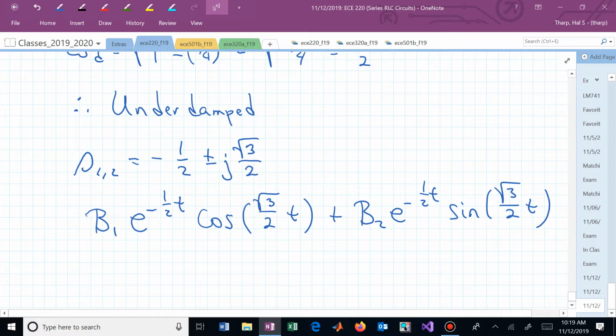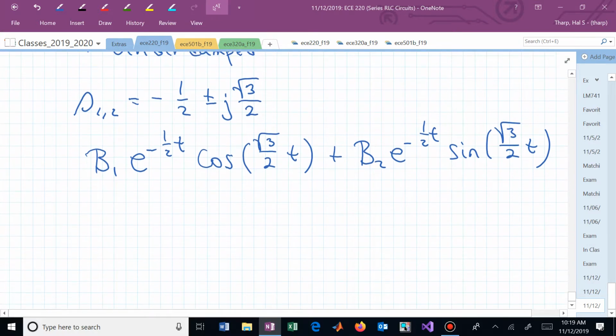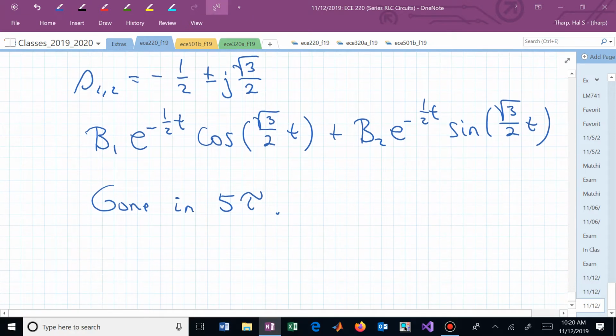5 time constants. What's the time constant here? So now if we said, when is this response going to be gone? We would say, oh, gone in 5 tau. Well, what's tau? Well, tau is determined when we look at the exponent. 1/2 t, and we replace t with tau, and we set that equal to 1.